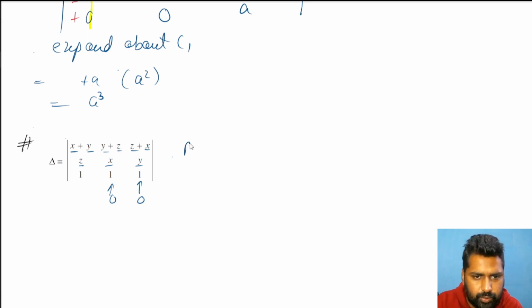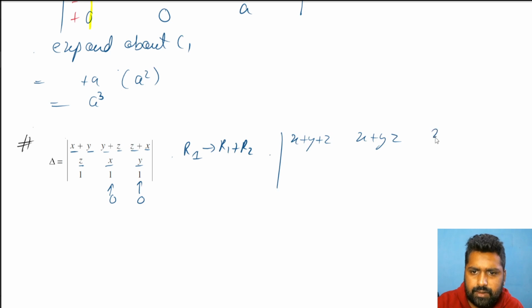So what I'm going to do is perform one operation: R1 goes to R1 plus R2. Let's add row 1 and row 2. So your determinant will look like x plus y plus z, x plus y plus z, x plus y plus z. Now why is that helpful? Z, x, y, 1 1 1.